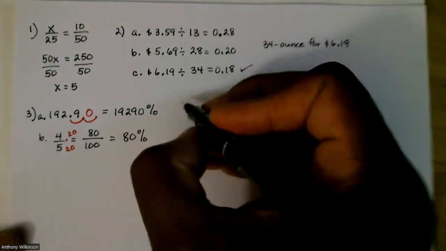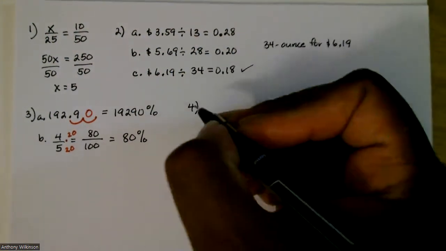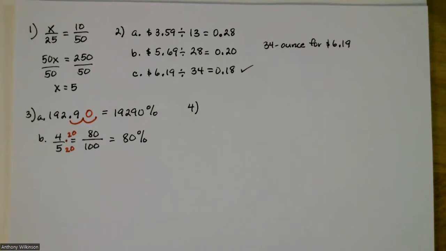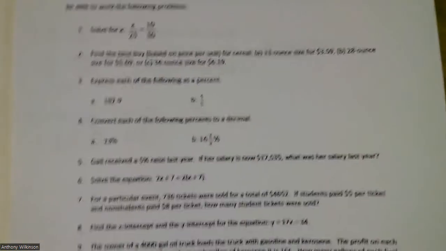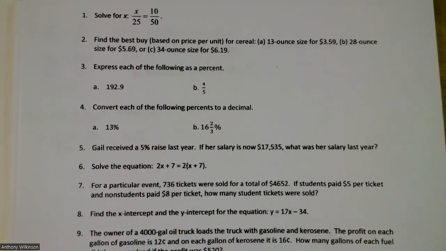Okay. All right, number 4 is to convert each of the following to a decimal. Starting with part A, that's 13%.